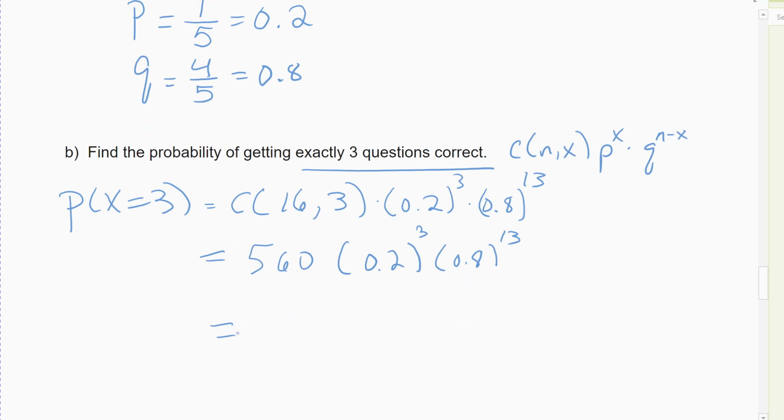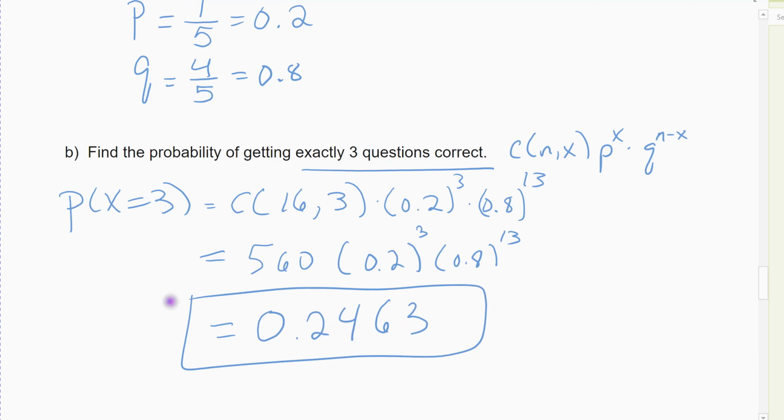Multiply it out, and so the odds of guessing 3 questions correct out of 16, in a multiple choice case with 5 possible choices, comes out to 0.2463. So a 24.63% chance of guessing 3 questions correct out of 16.